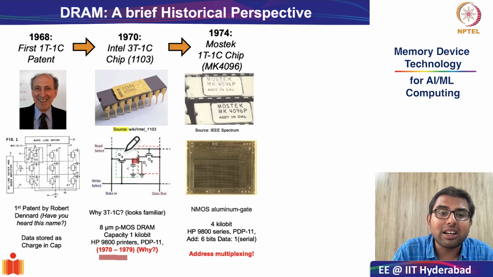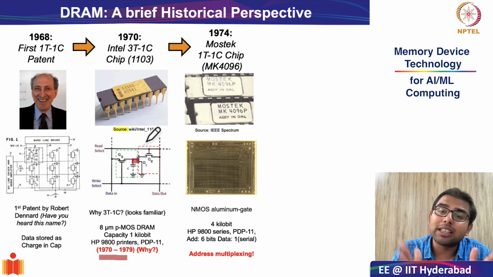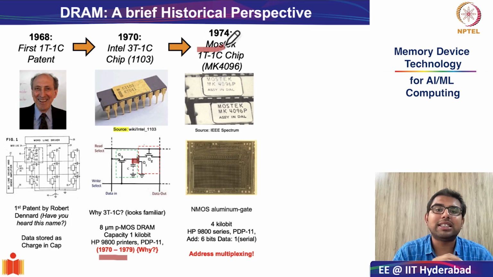Adding these 2 extra transistors can be very detrimental in improving the memory bit density, and therefore people realized that you have to go back to the 1T 1C DRAM cell, and that since 1974 has been the staple. Even the DRAM which we use in main memories in modern day computing only consists of the 1T 1C cell. So very good idea, 3T 1C, but it had a very short shelf life.